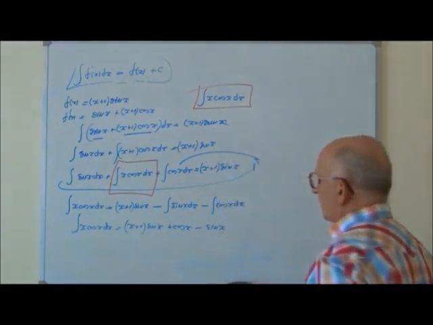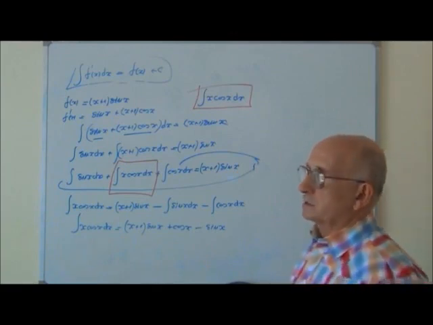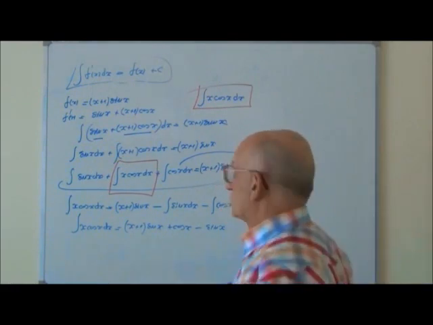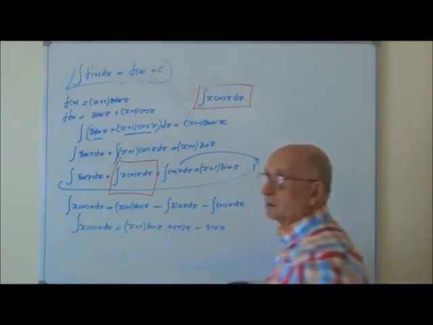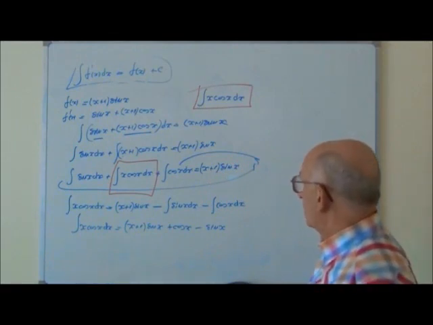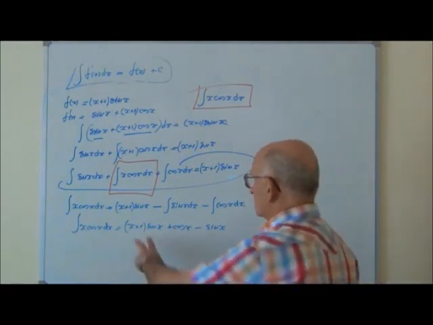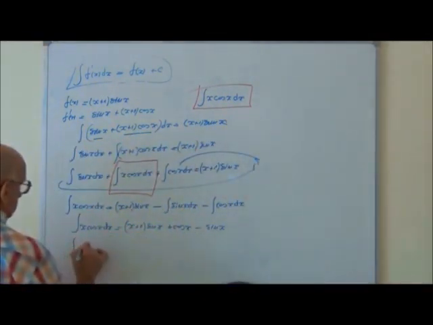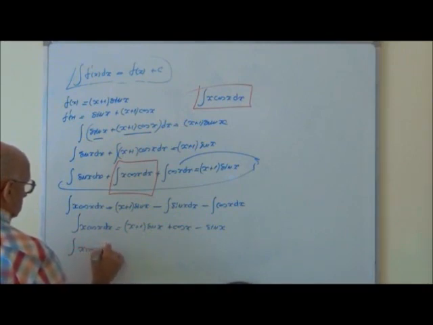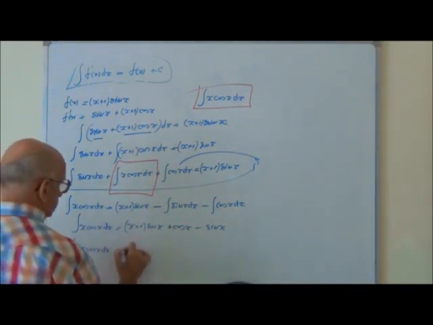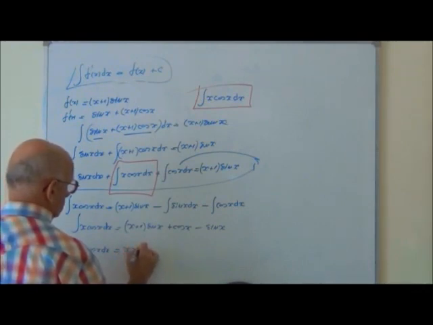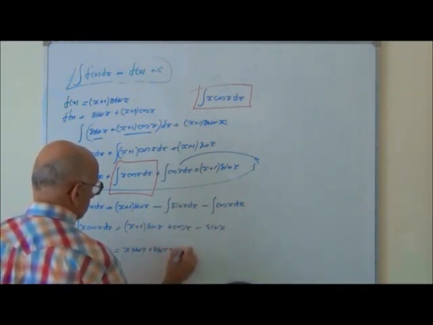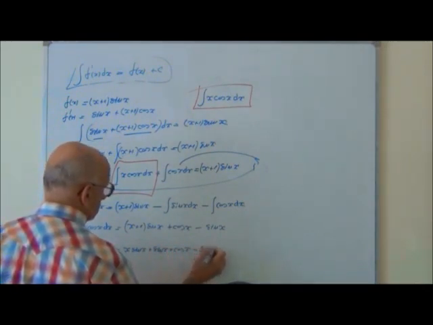Anyway, always at the end our solution should be in the simplest possible form. This form looks a little bit longer than it should be. We may do something here, especially expand this, and then we will have the integral of x cos x dx equals, when expanding, x sine x plus sine x plus cos x minus sine x.